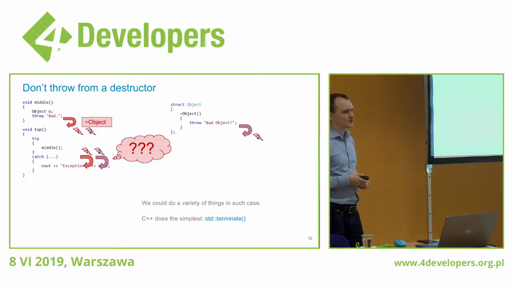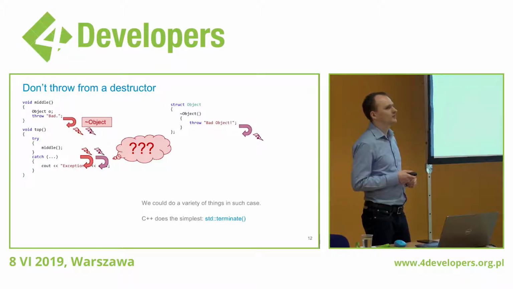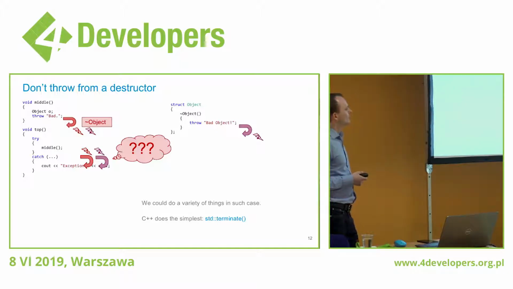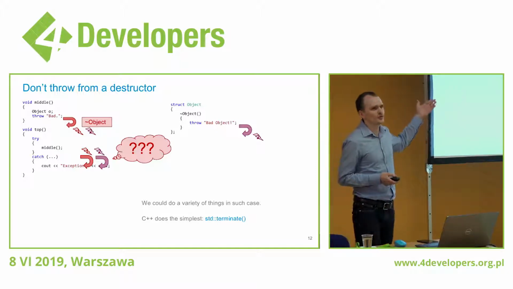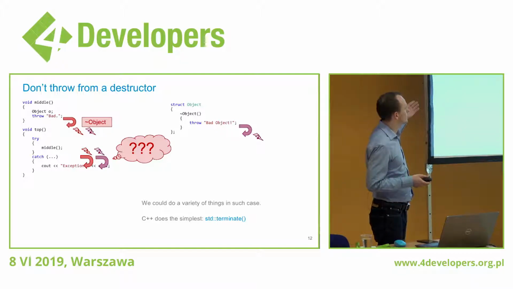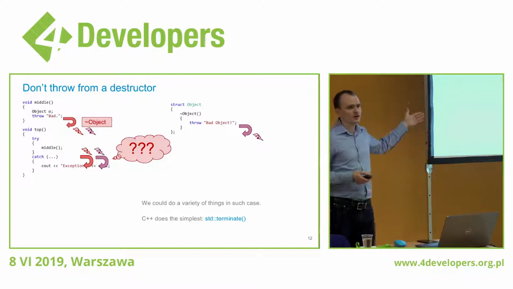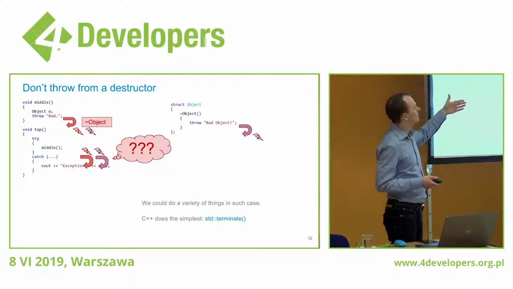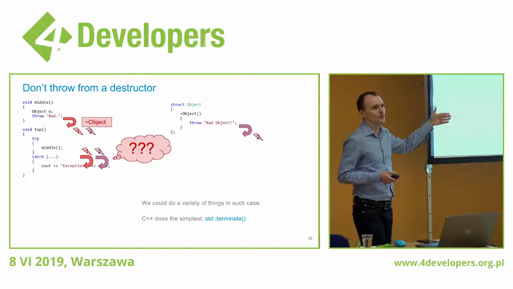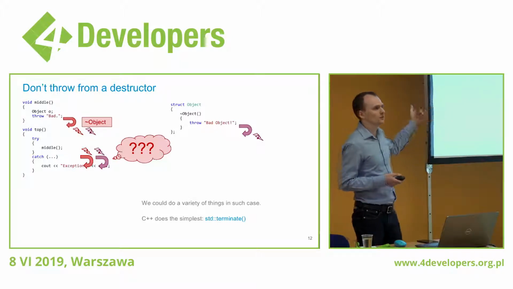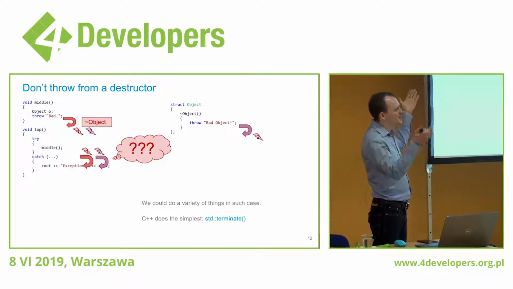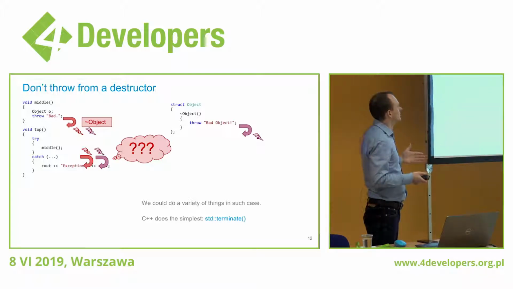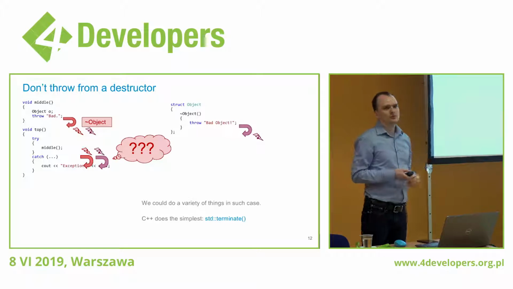There is one catch, however. You shouldn't throw from destructors. And why is that? When we throw an exception from a function, then we destroy local objects. And if during destruction of an object, another exception is generated, then we would have a problem. We would have two exceptions trying to fly at the same time. What would we do with them?